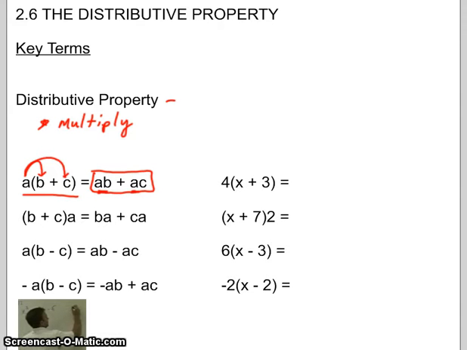How it looks with some examples you might see is we have 4 times x plus 3. So you're going to do 4 times x and then 4 times positive 3. Now 4 times x is just 4x, and then 4 times 3 is 12.